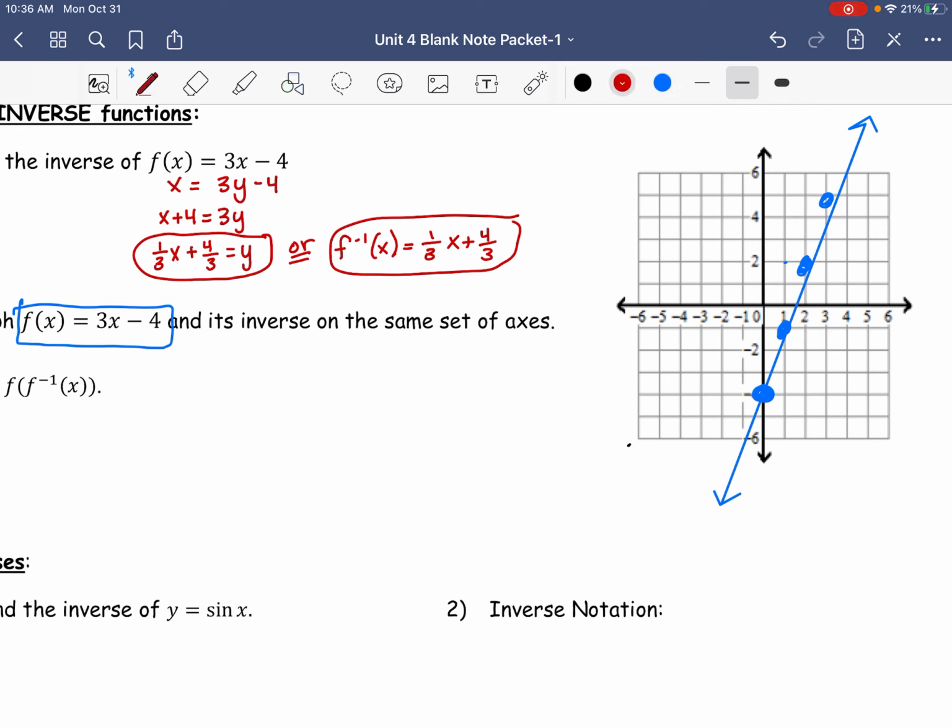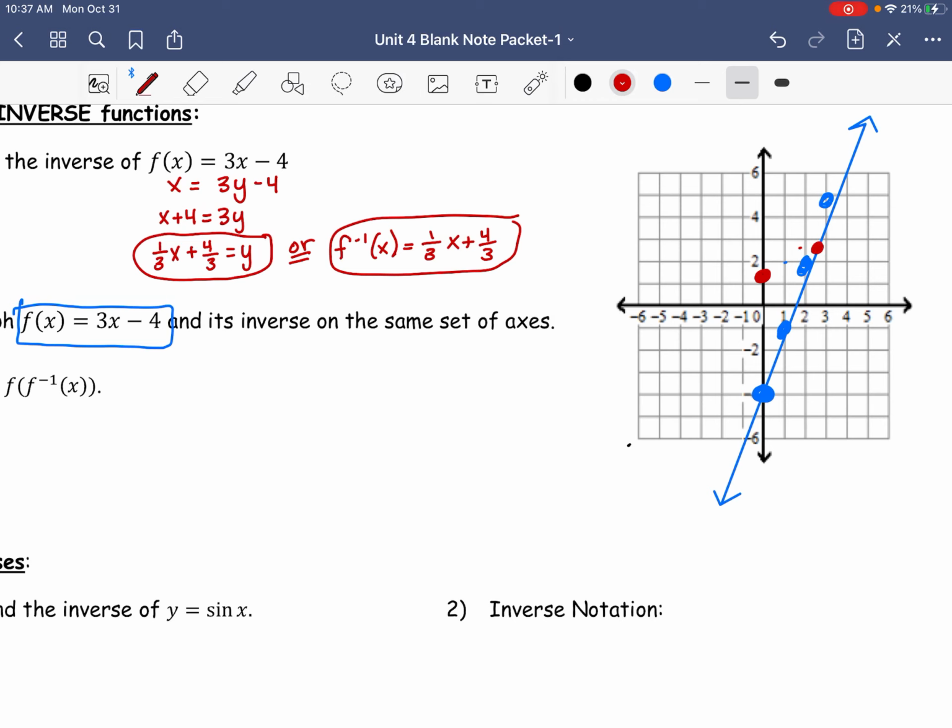Okay, then we're going to do the same thing for this inverse. This time our y-intercept is 4/3, which is a little bit bigger than 1, so about right here. And then my slope is positive 1/3. So I'm going to go up 1 over 1, 2, 3.